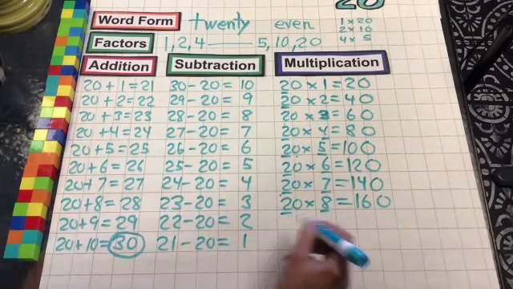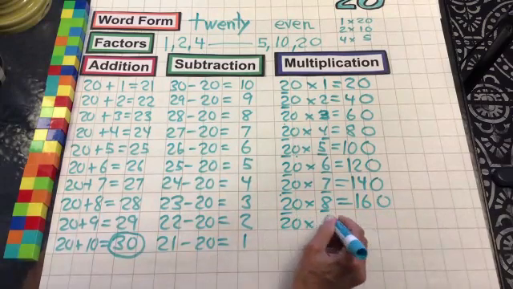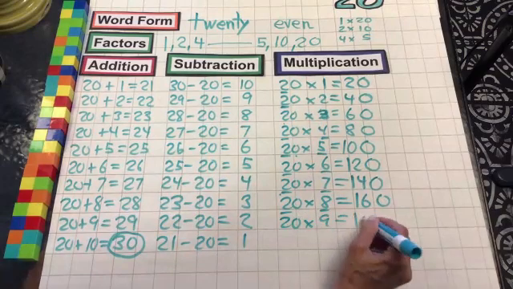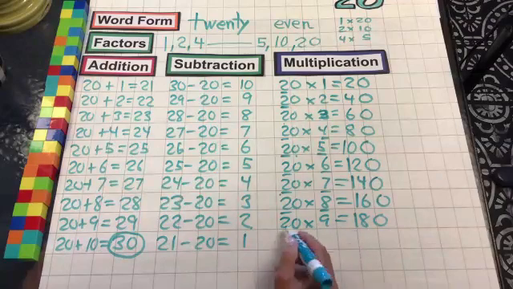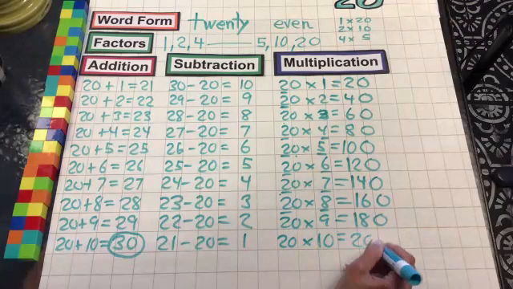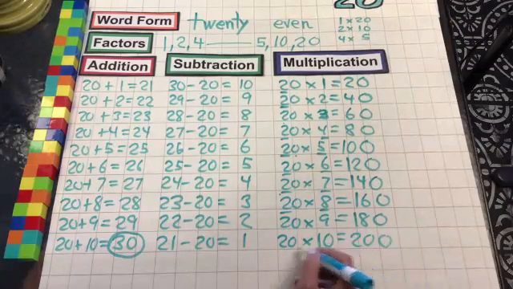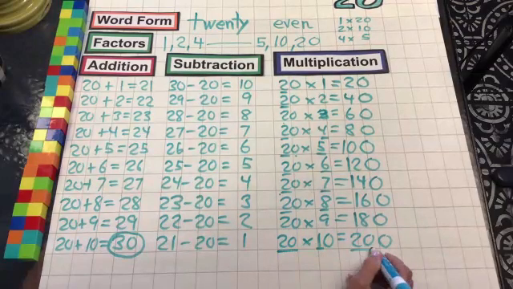So 8 20s is 160. 20 times 9. 9 times 2 is 18 with a 0. So 9 20s is 180. And then last but not least, 10 20s would be 200. That would be 1 times 20, which is 20 with a 0.